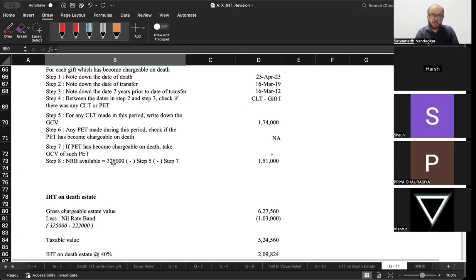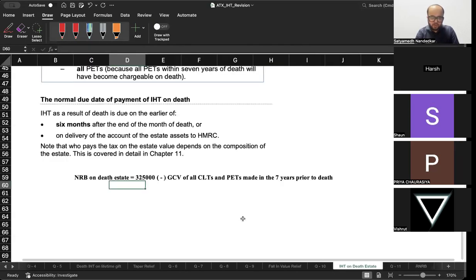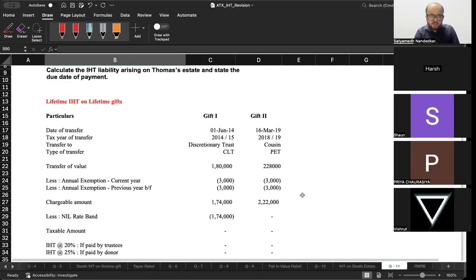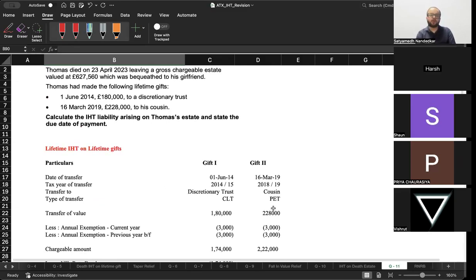NRB is 325 minus what? Minus GCV of all CLTs and PATs made in the 7 years prior to death. What is the date of death? Date of death is 23rd of April 23. Go back 7 years and you will arrive at 23rd of April 16. Between 23rd of April 16 and 23rd of April 2023, see if there was a disposal that happened.